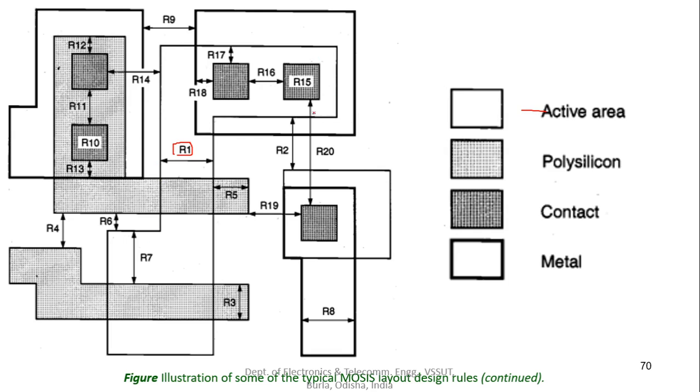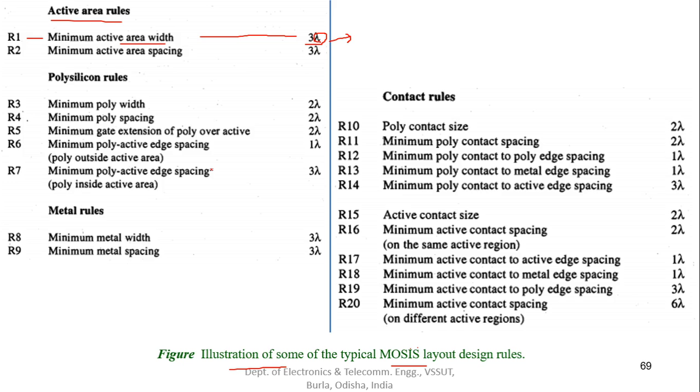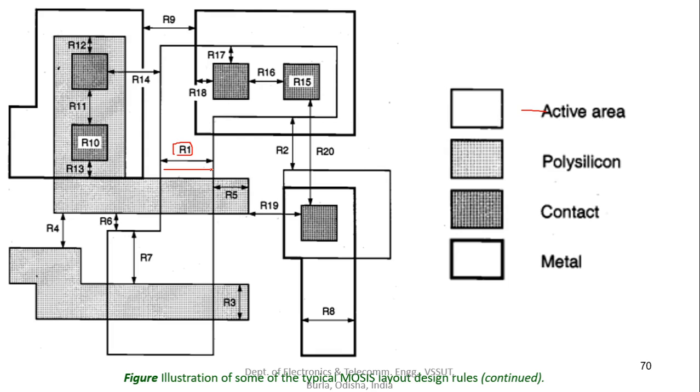This all represents the active area, and R1 is this dimension. It is the minimum active area width, so this width should be at least 3 lambda. It cannot be less than 3 lambda. It can be more than 3 lambda, that's okay, but it should be at least 3 lambda in width.